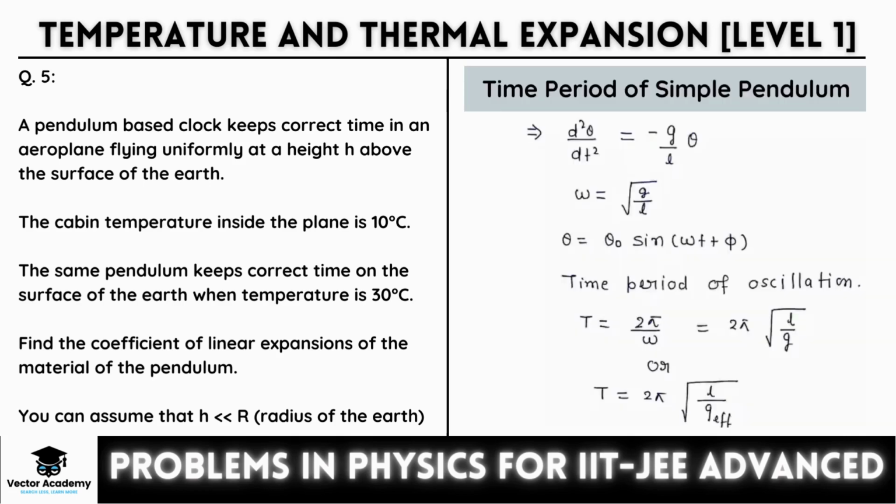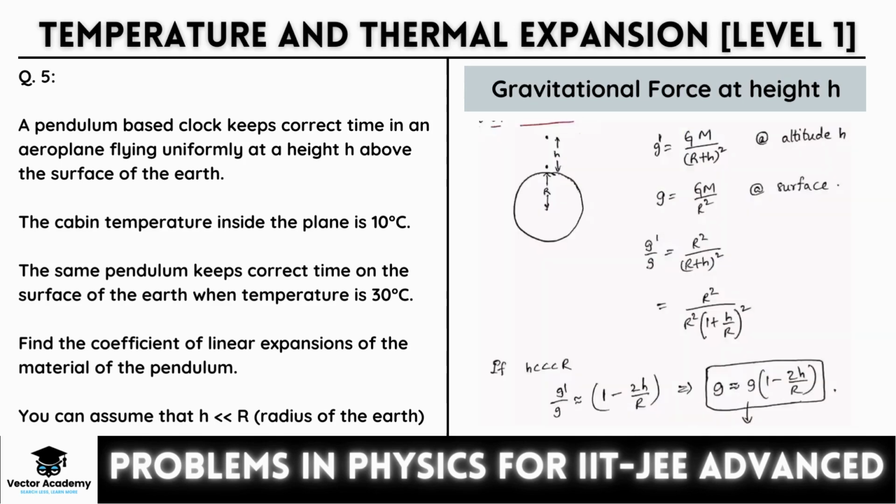Time period of simple pendulum is 2 pi under root L upon g effective. You can go through the detailed derivation of this relation for time period of simple pendulum. Gravitational force at height h, that is g dash equals g multiplied by 1 minus 2h divided by r.